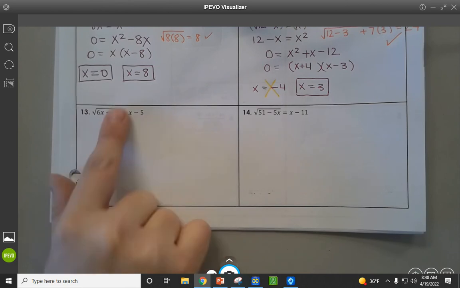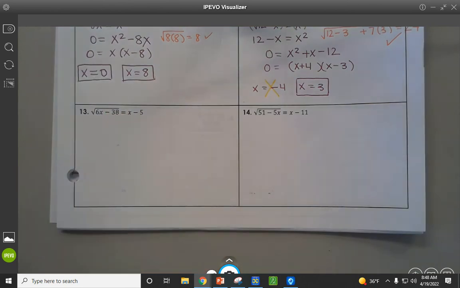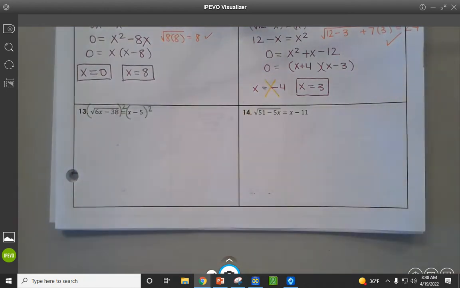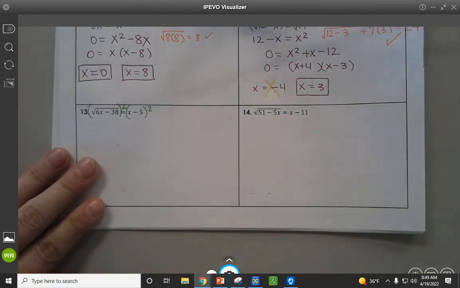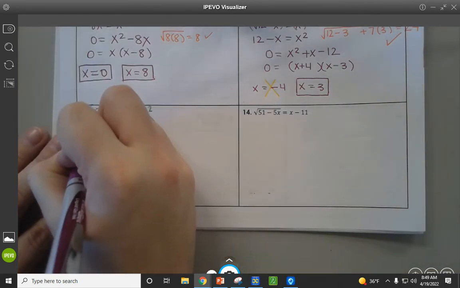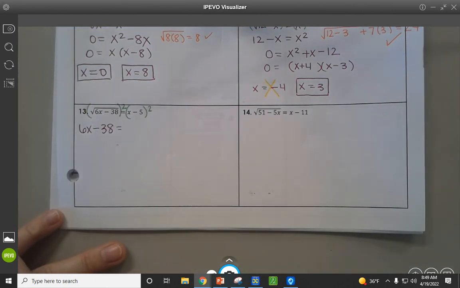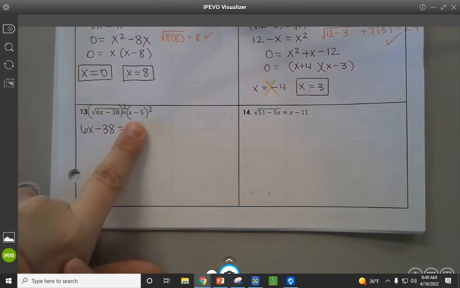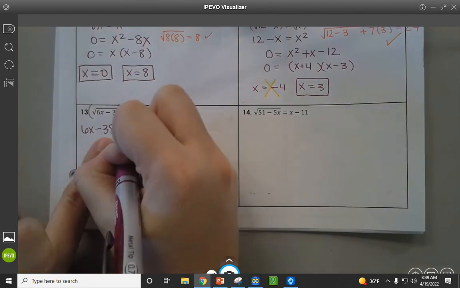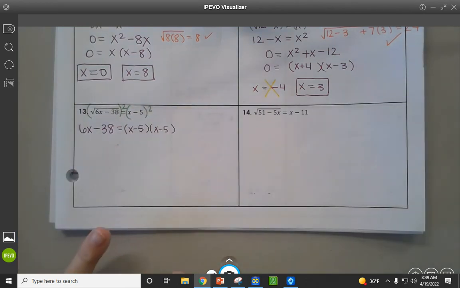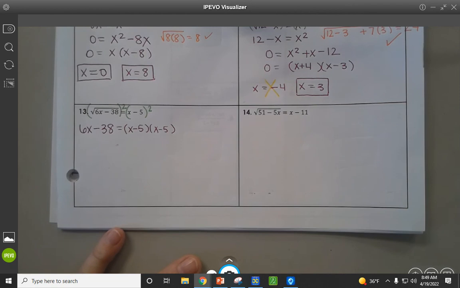And we get 6x minus 38. It is not equal to x squared plus 25 or x squared minus 25. When you have x minus 5 squared, it's like this. So you need to FOIL or do the box method. And if you want, we will cross out this one, and you can just use this space over here for that problem, because you don't really have room for the box.